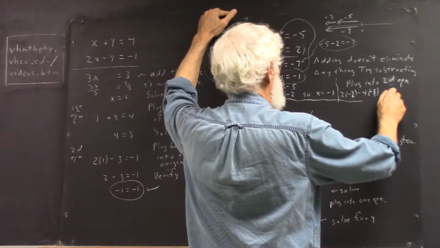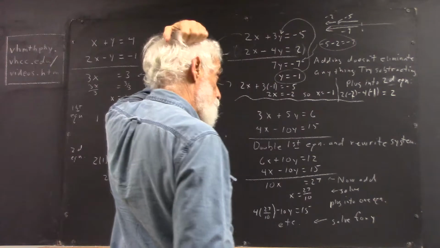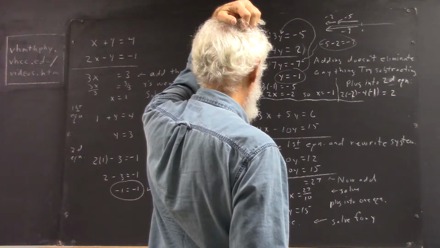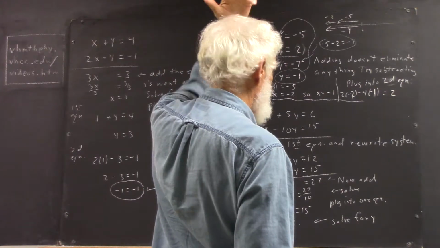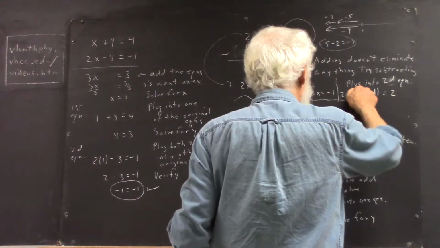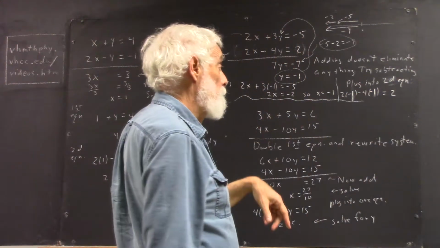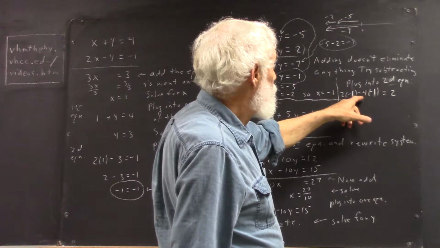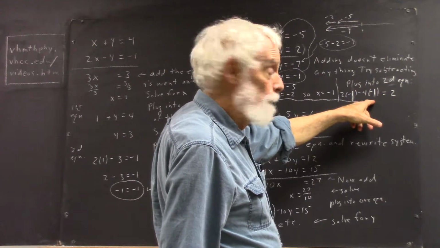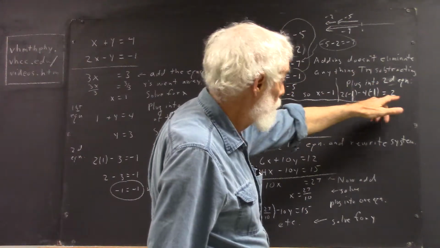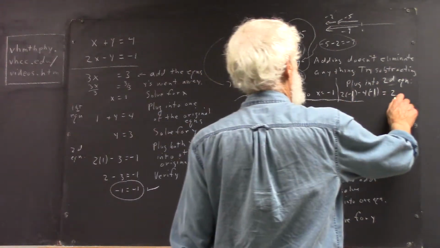That should equal 2. Well, you can verify that it certainly doesn't. x is -1, y is -1, I'm sorry. I was right when I plugged -1 in here, I was wrong when I replaced that. Okay, 2 times -1 is -2, 4 times -1 is -4, -2 minus -4 is -2 plus 4, and that's 2, so it checks out.